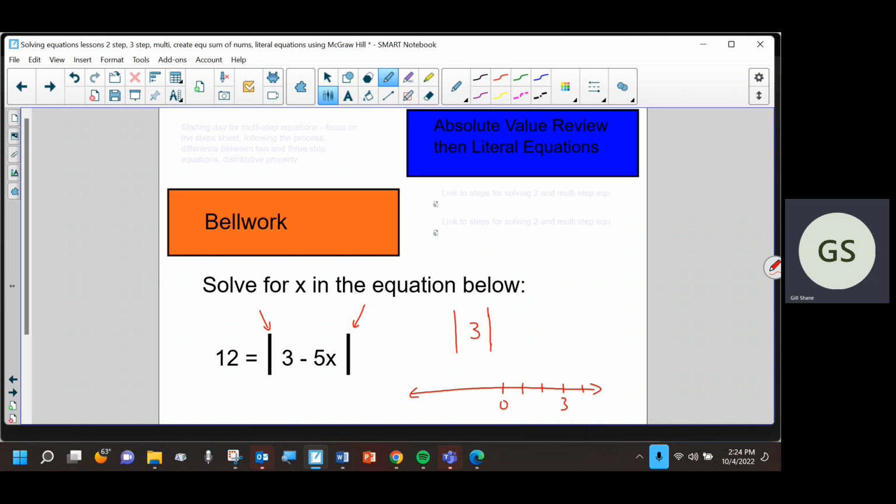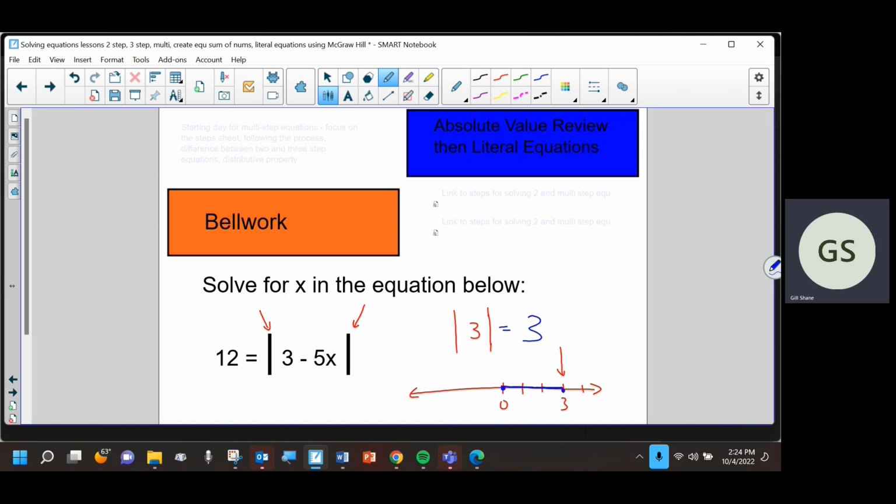Well, the positive number 3, so right here, is 3 spaces from 0, or 3 units from 0. Or you could think of it as this: the length of the line segment from 0 to 3 is 3 units long. So therefore, the absolute value of 3 is 3. That's how far away from 0 3 is.